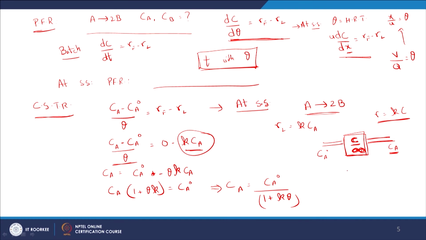So what does that mean now? If you have Cn and you have C out, and this is C, C and C out are going to be the same, which makes sense because this is a continuously stirred reactor.